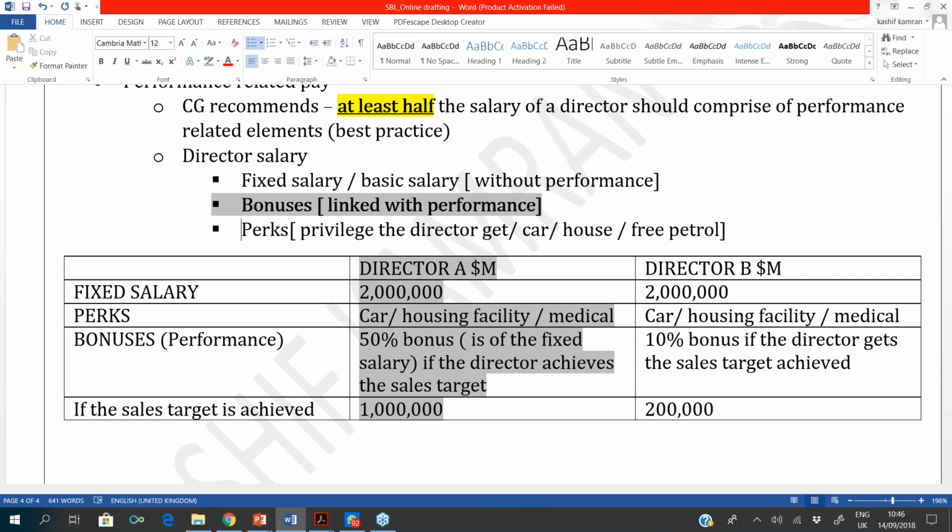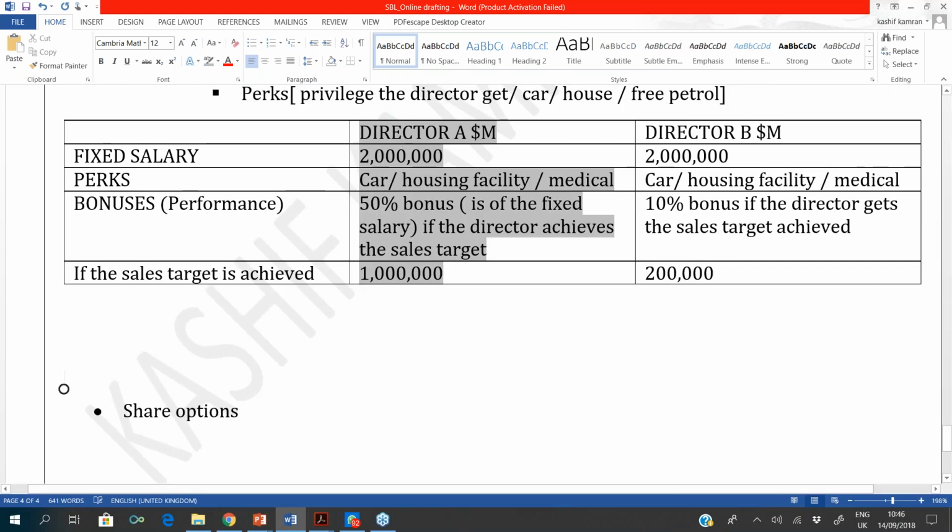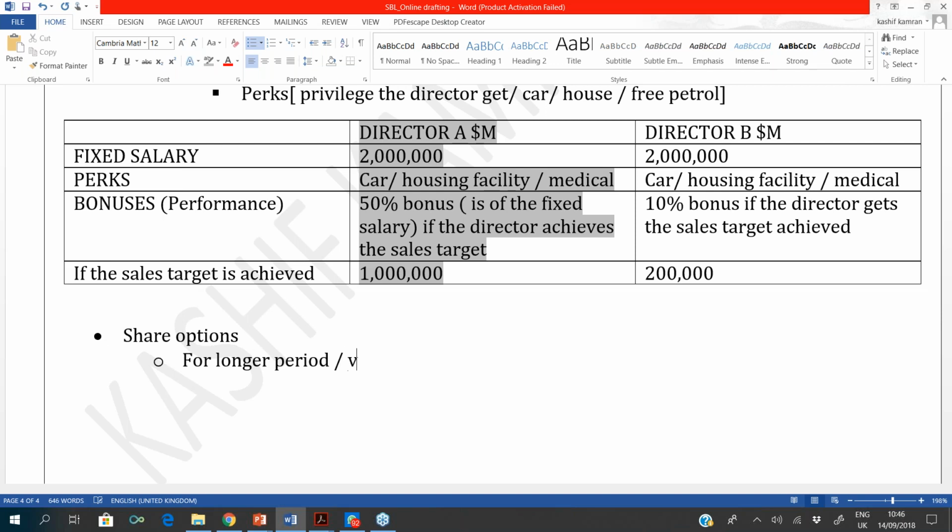And then second, give them the share options. But when you're giving them the share options, give them the share options for a longer period. That means the vesting period should be longer. Suppose the vesting period for share options is 5 years.